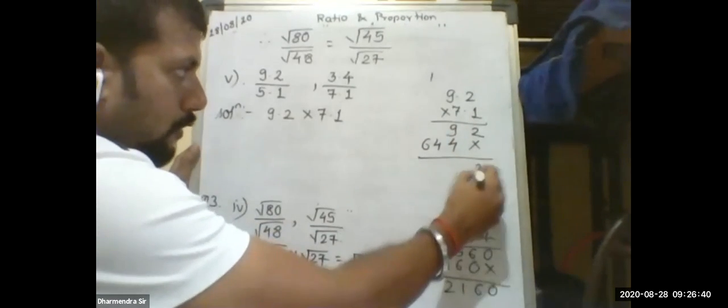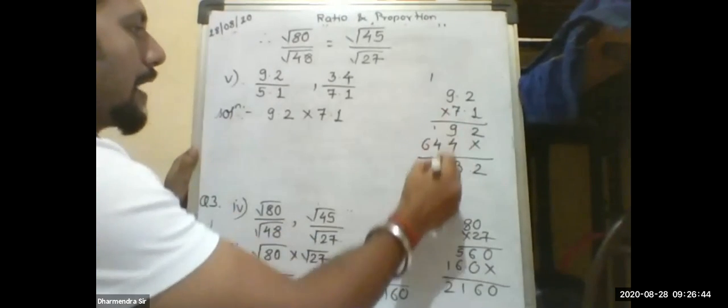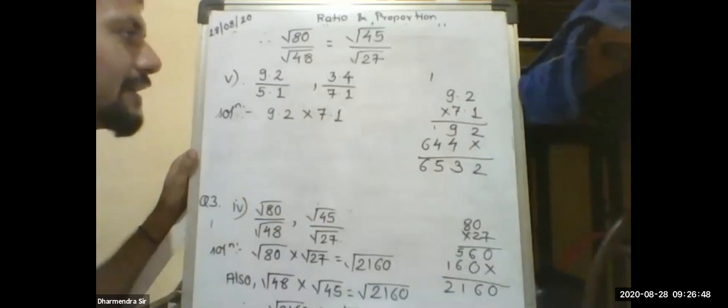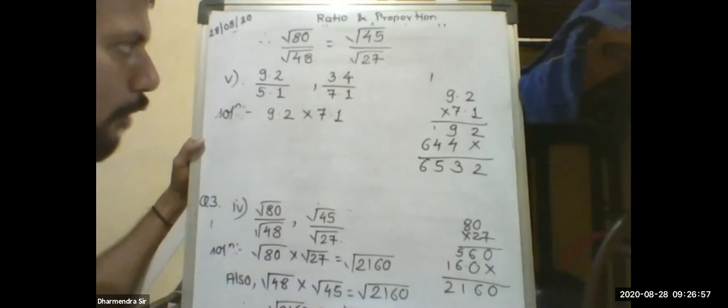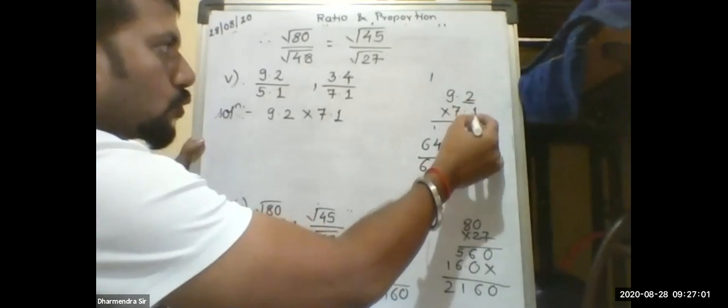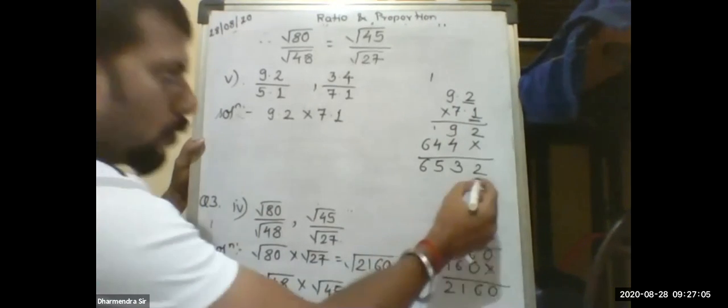So 2, 9 plus 4, 13, carry 1, 5, 6 as it is. How many digits are there after decimal? Here we can say it is 1 and here it is 1. So before 2 digits you can put the decimal.